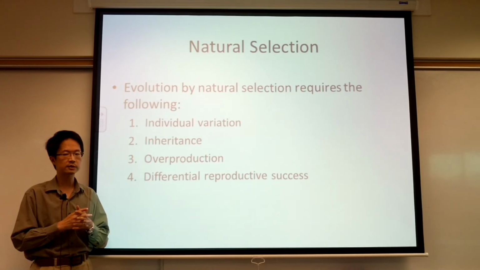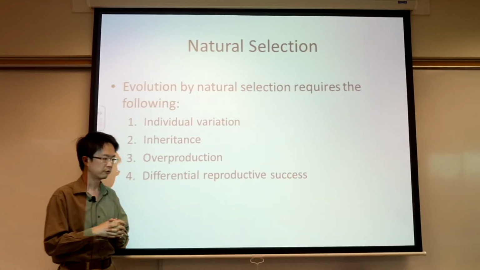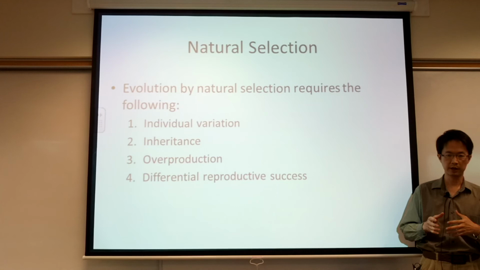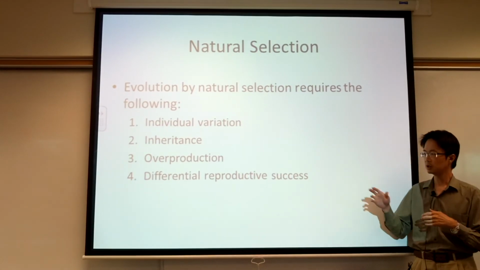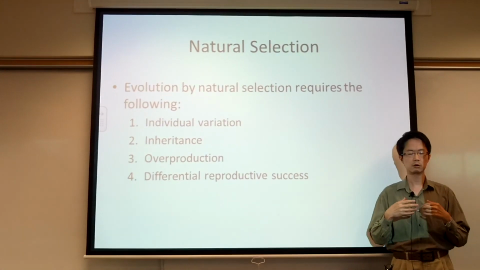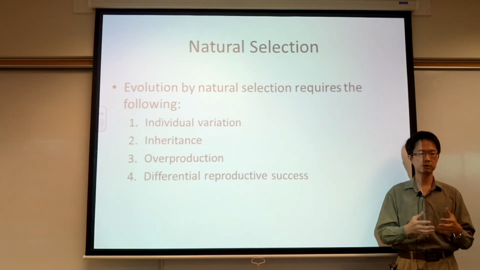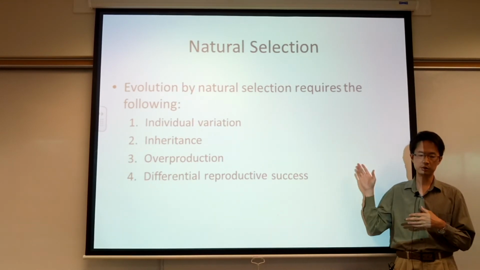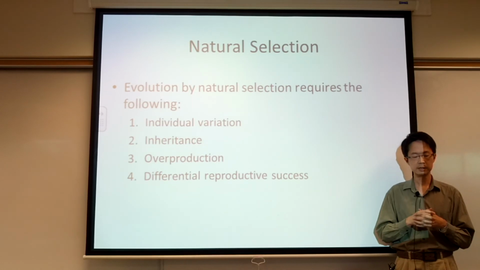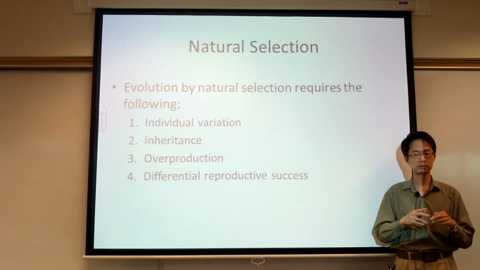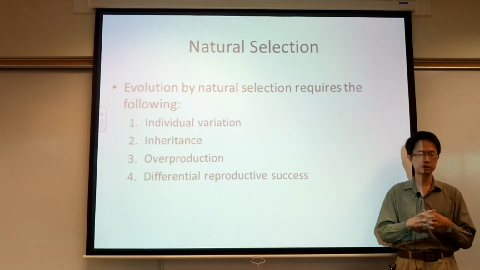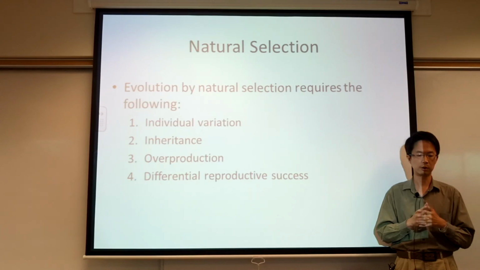Differential reproductive success means that offspring that have this trait that favors survival will live and reproduce. But individuals that do not have this trait will reproduce less, or they may even die off, just like what Charles Darwin proposed.